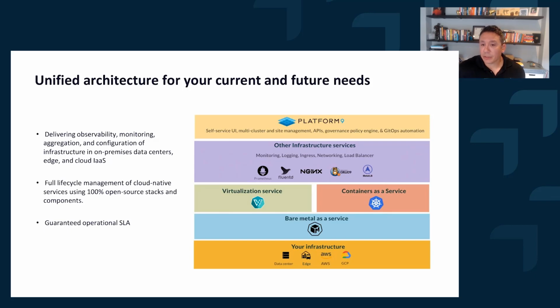We provide bare metal as a service. If you're deploying on-prem, you can deploy Platform 9 on top of a bare metal OS or VM that you just provide the OS for, and then we deploy Kubernetes and virtualization on top of that.